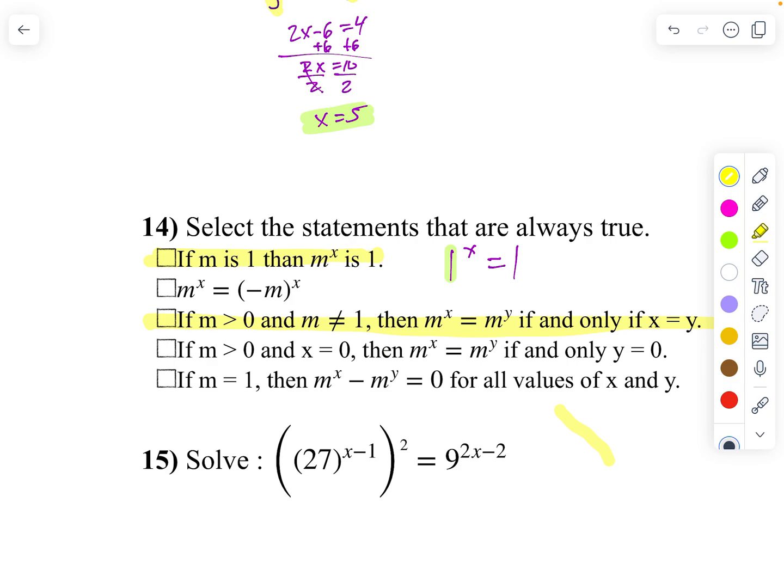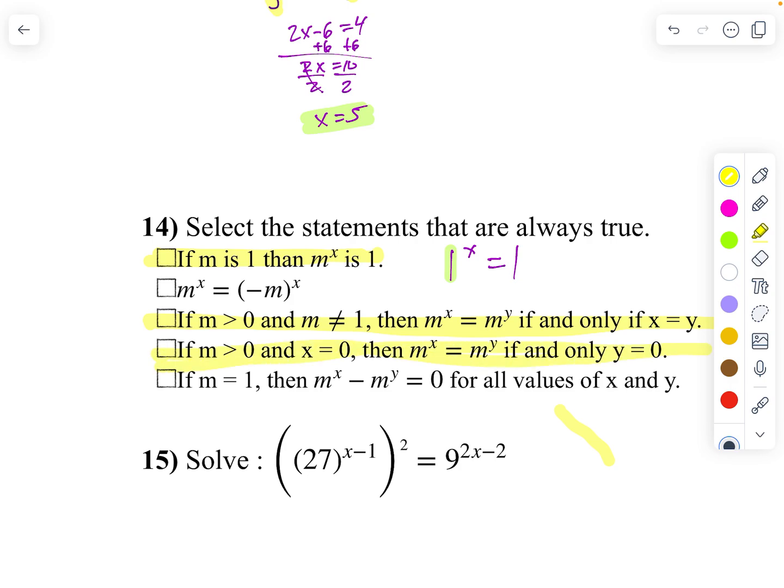Now y, we're saying if y is 0, that's going to be true. So I think that whole thing is true also, because anything to the 0 power is 1. Trying to think of a counterexample in my head here that would not necessarily be true, but I think that's always going to be true. So that one's always going to be true.